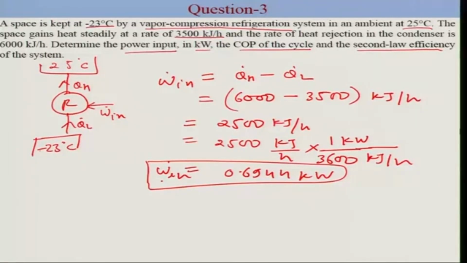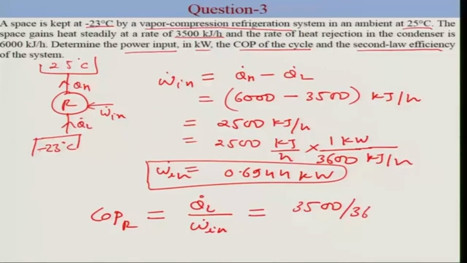Next we have to calculate the COP of the refrigerator. COP of the refrigerator is nothing but Q dot L upon the power going into the cycle. So Q dot L is nothing but 3500 upon 3600 kilowatt, and power input is equal to 0.6944 kilowatt.